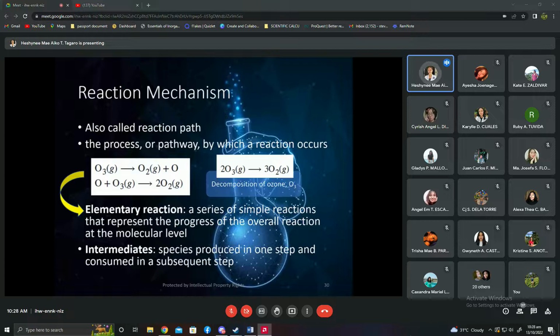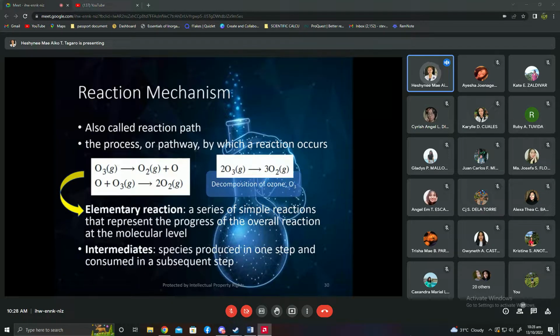The reaction may take place in several steps. So, these steps is what we call the reaction mechanism or reaction pathway. So this is a process or pathway by which a reaction occurs.